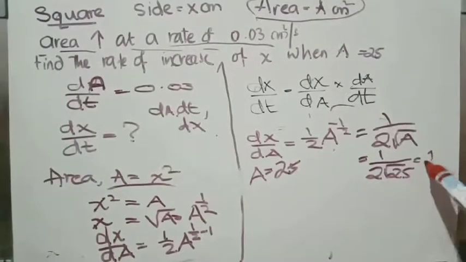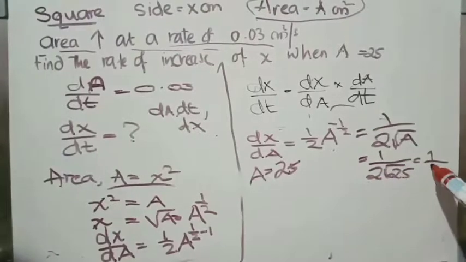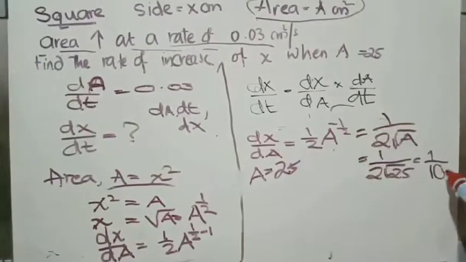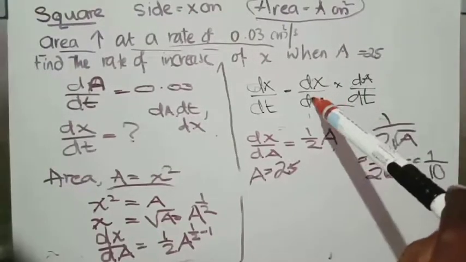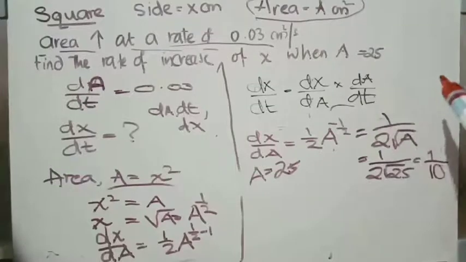Root 25 is 5, that means 1 by 2 into 5, which is 1 by 10. So we get dx by dA as 1 by 10. Even in the previous question, same thing. Now replace it here. dx by dA is 1 by 10 multiplied by 0.03. We get 0.003 as the answer.